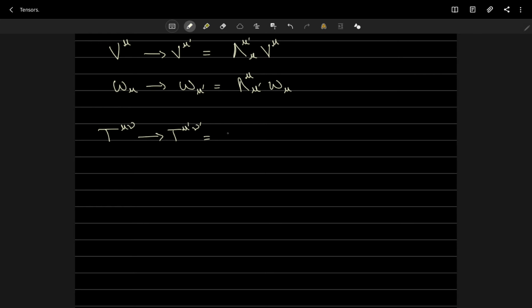So this thing would be Λ^μ′_μ Λ^ν′_ν T^{μν}. Again, this comes from the transformation laws that we built in the video on vectors.